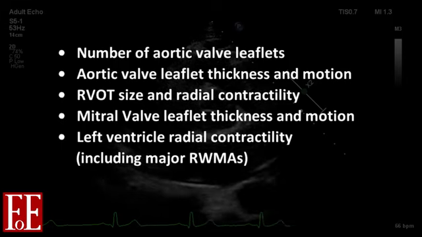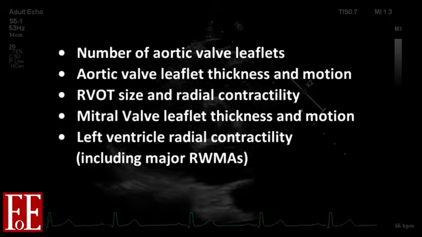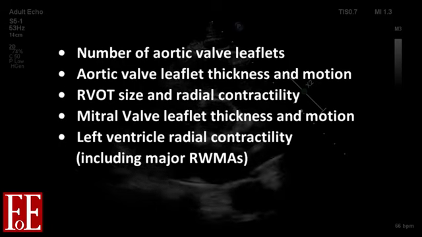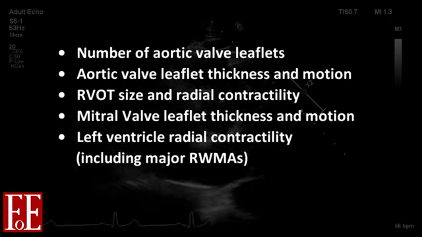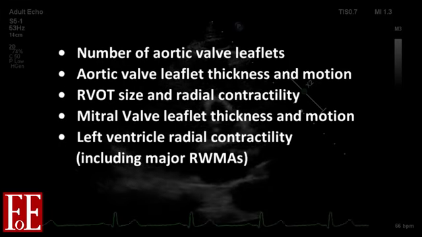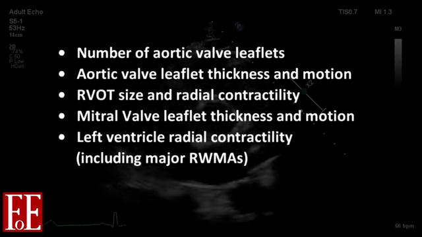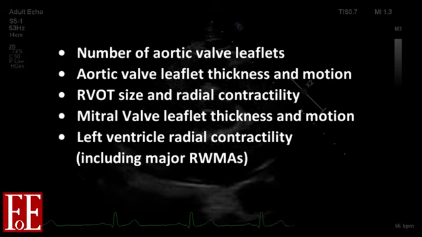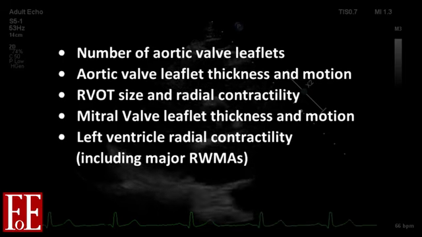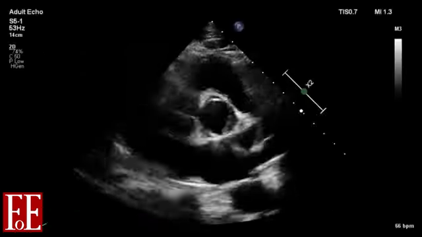And then as we go down into the left ventricle, first of all we'll see the mitral valve, and we'll look at the thickness of those leaflets and their motion, and then we're going to get into the body of the left ventricle, and we're going to move through 3 levels of the left ventricle: the basal, the mid, and then the apical left ventricle. We're going to be looking at the radial contractility, and this is a fantastic place to look for regional wall motion analysis, which we'll discuss as we get to them.